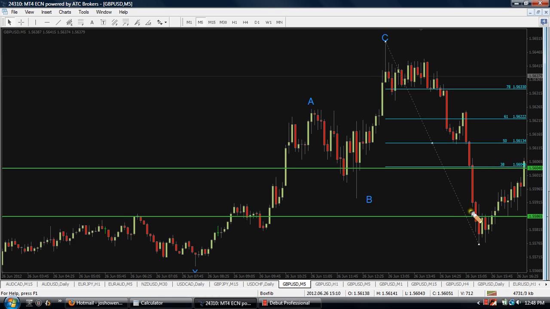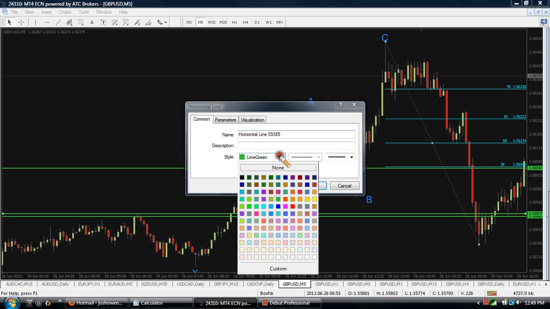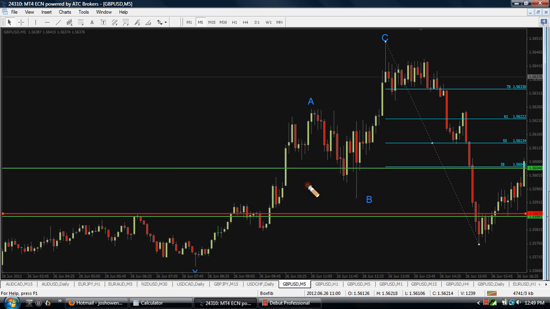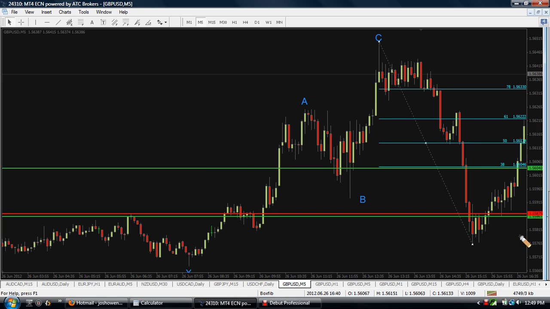Gets filled right there. We're going to move our stop loss to break even. We'll change that to red. And 618 is our second profit target, okay, unless we get stopped out at break even here first.